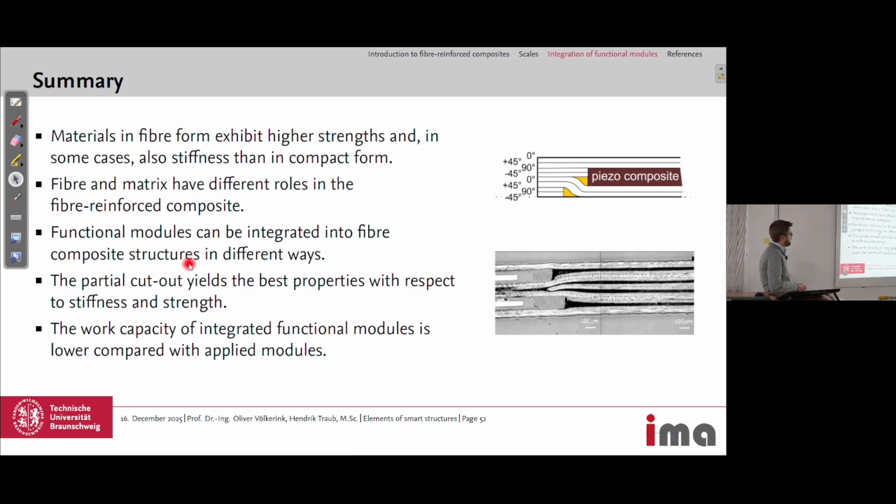We can integrate functional modules in different ways. We looked at 3 different ways where the partial cutout yields the best properties, or the best trade-off with respect to stiffness and strength.